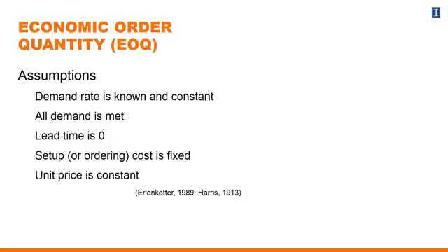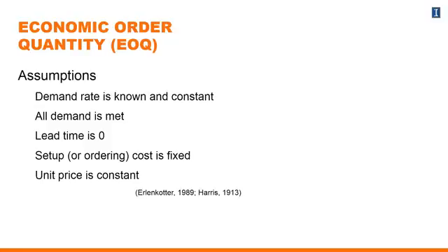The setup cost is fixed regardless of the quantity you order. So again, whether it's realistic or not, what we're saying is that every time you place an order, you incur a fixed cost. Whether that order is for a very small quantity or a very large quantity, the cost of ordering is going to be based on simply the fact that you placed an order. So it's a cost per order.